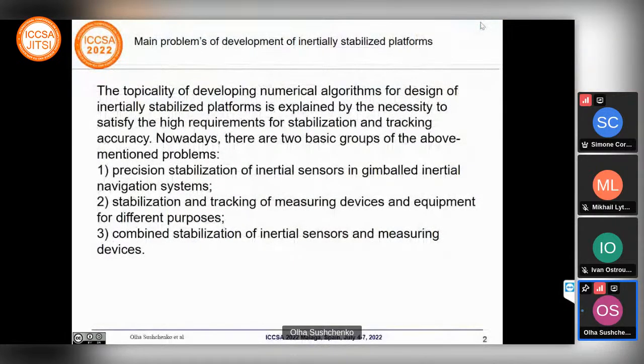The typicality of developing numerical algorithms for design of inertially stabilized platforms is explained by the necessity to satisfy the high requirements for stabilization and tracking accuracy. Nowadays, there are two basic groups of the above-mentioned problems: precision stabilization of inertial sensors in gimbal inertial navigation systems, stabilization and tracking of measuring devices and equipment for different purposes, and combined stabilization of inertial sensors and measuring devices.